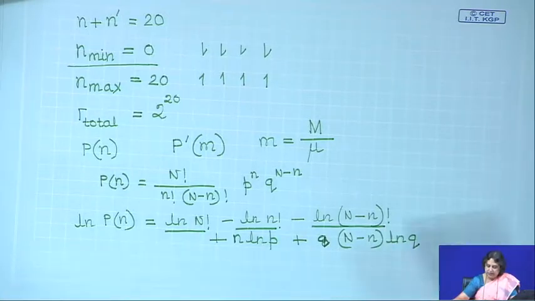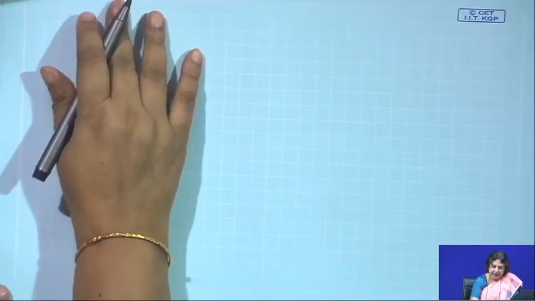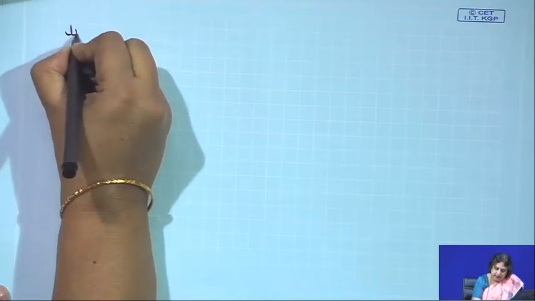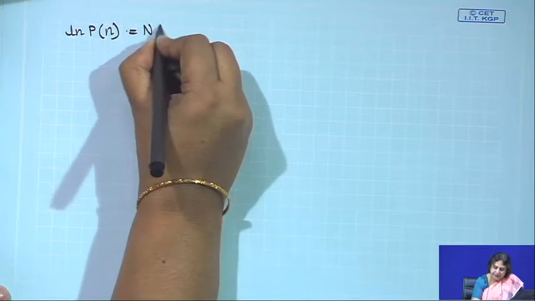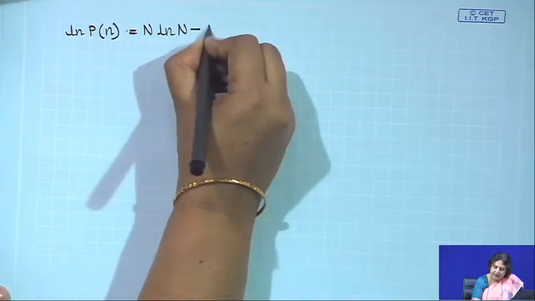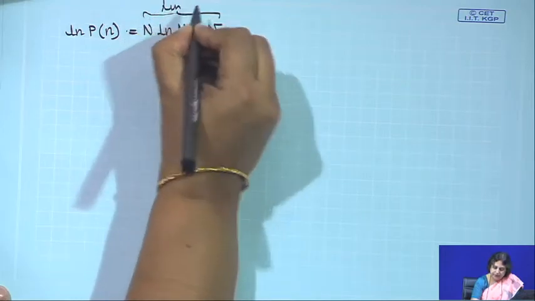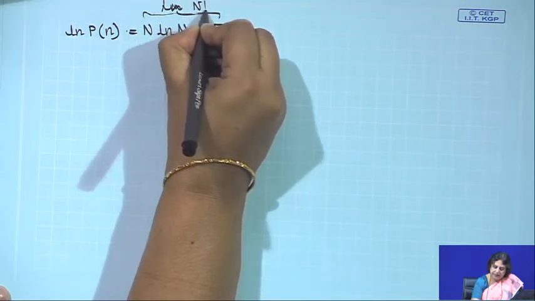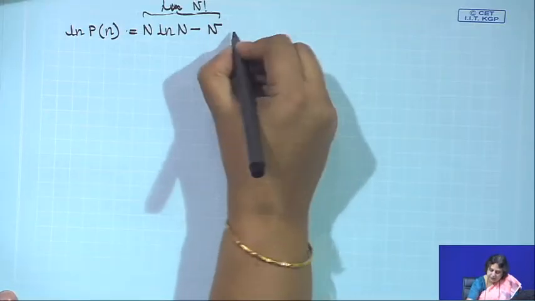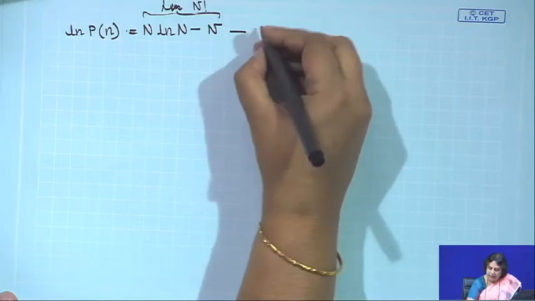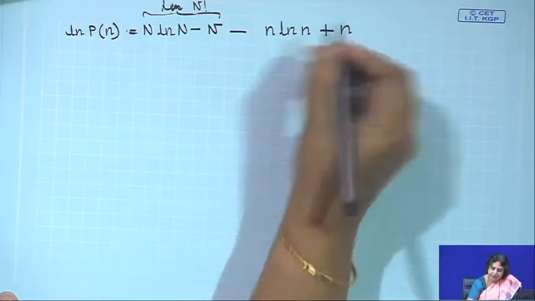When I use the Stirling approximation, I can very easily write these terms as ln P(n) equal to N ln N minus N. This is for ln N factorial. Okay. I can also write for minus of ln n factorial a term like this.